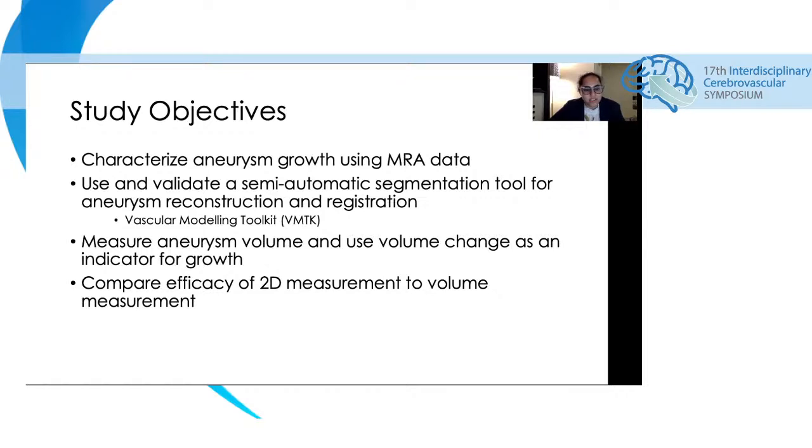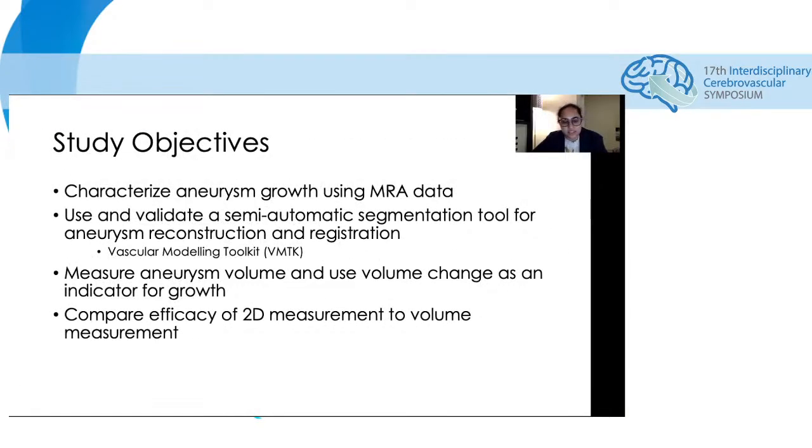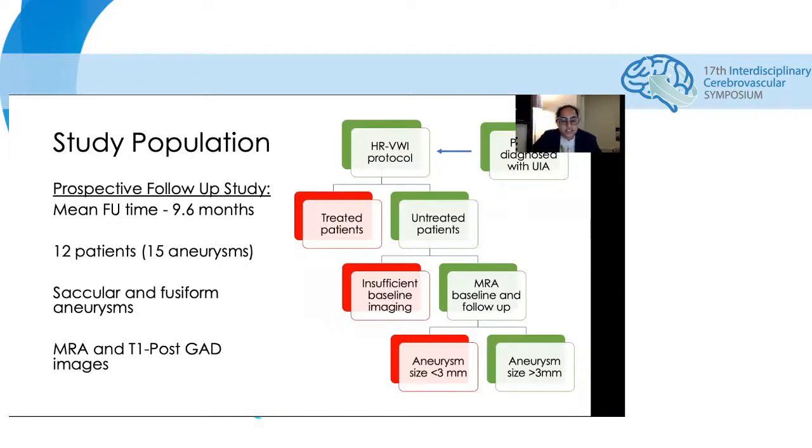We want to compare this to using the clinically acceptable 2D measurement as an indicator for change in aneurysm size. So the study population that we have are patients who are diagnosed with unruptured intracranial aneurysms.